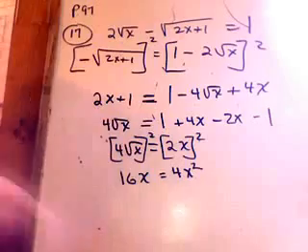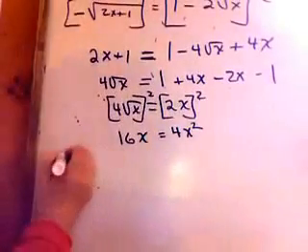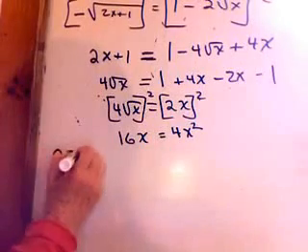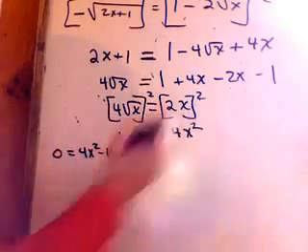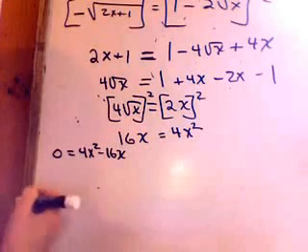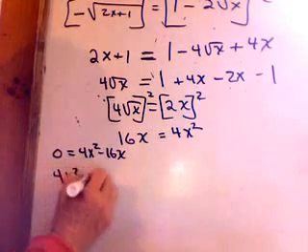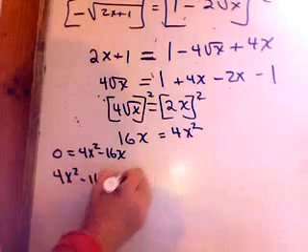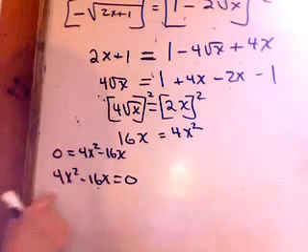So, to continue solving this one, let me give myself a little more room there. Let's rewrite this as 0 equals 4x squared minus 16x. I moved the 16x over. Now, hopefully, you don't mind if I write it 4x squared minus 16x equals 0. I just like them this way when I'm solving. All right, I could factor 4x out of this.